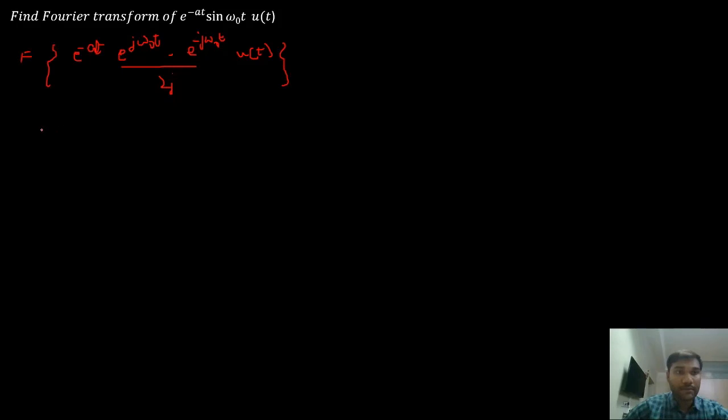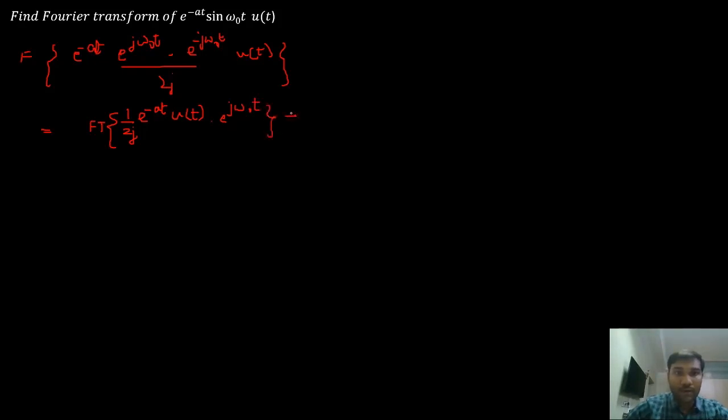I can write it as Fourier transform of e power minus at into u of t, I have a multiplicative factor 1 by 2j, and what I have e power j omega naught t.